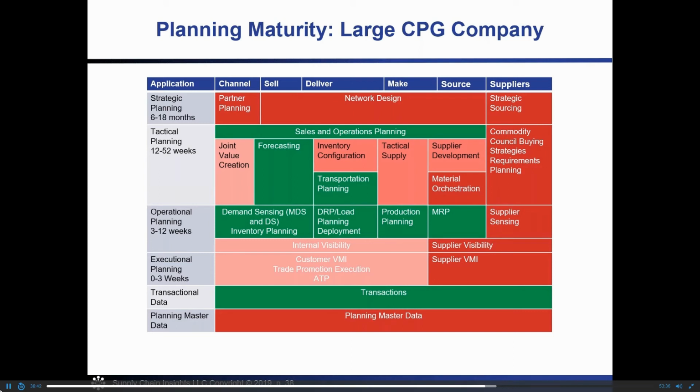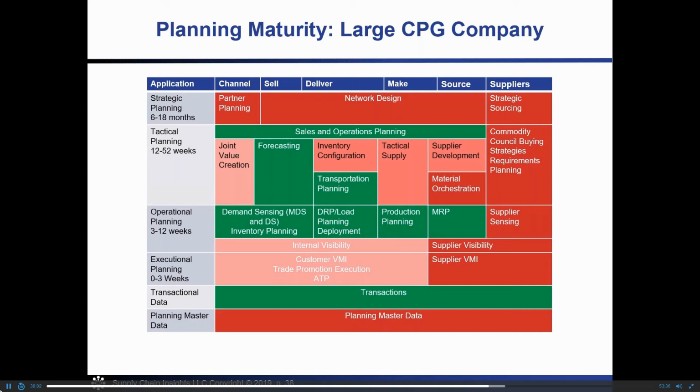And then sales and operations planning is usually a system that overlays the 5 to 7 APS systems, connects sourcing with suppliers, and looks at how I balance demand and supply to optimize profitability, maximize value, and minimize risk.